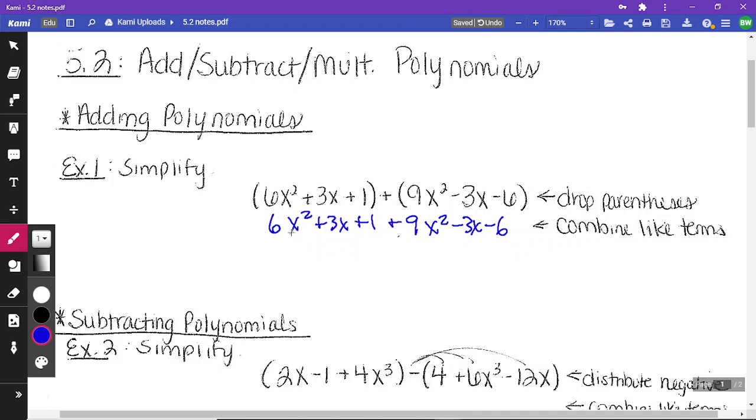So typically what we do is cross these off as we go, just to keep track. So we have 6x squared plus 9x squared, and so that's 15x squared.